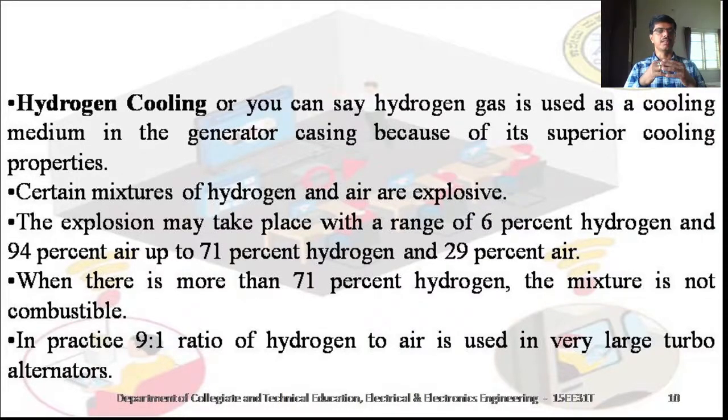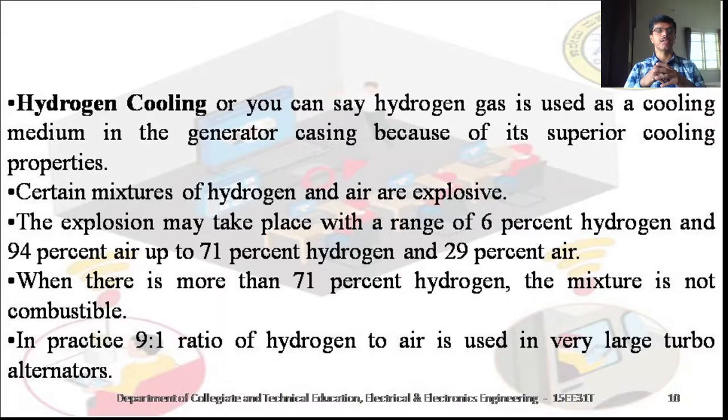For example, an explosion may take place with a range from 6% hydrogen and 94% air, up to 71% hydrogen and 29% air. With this combination, it will form an explosion. When there is more than 71% hydrogen, the mixture is not combustible.